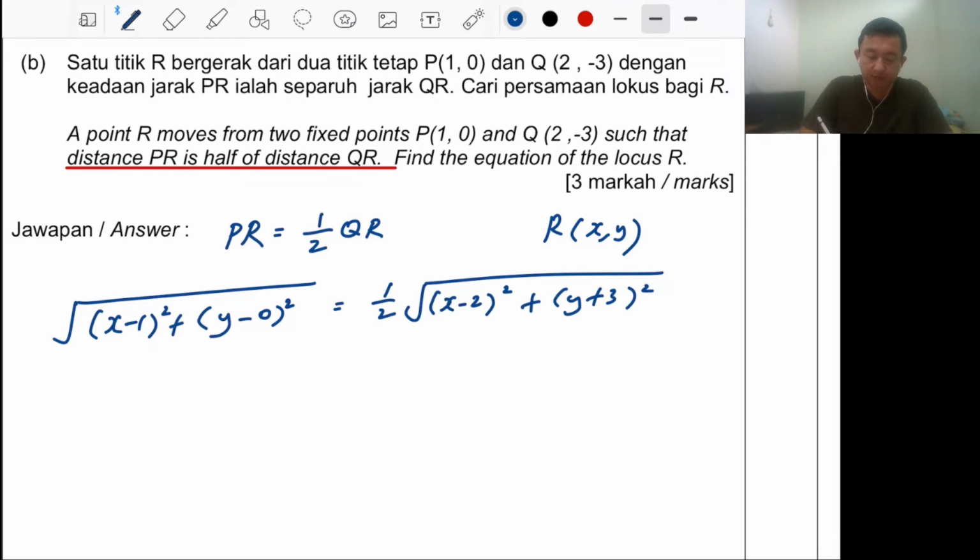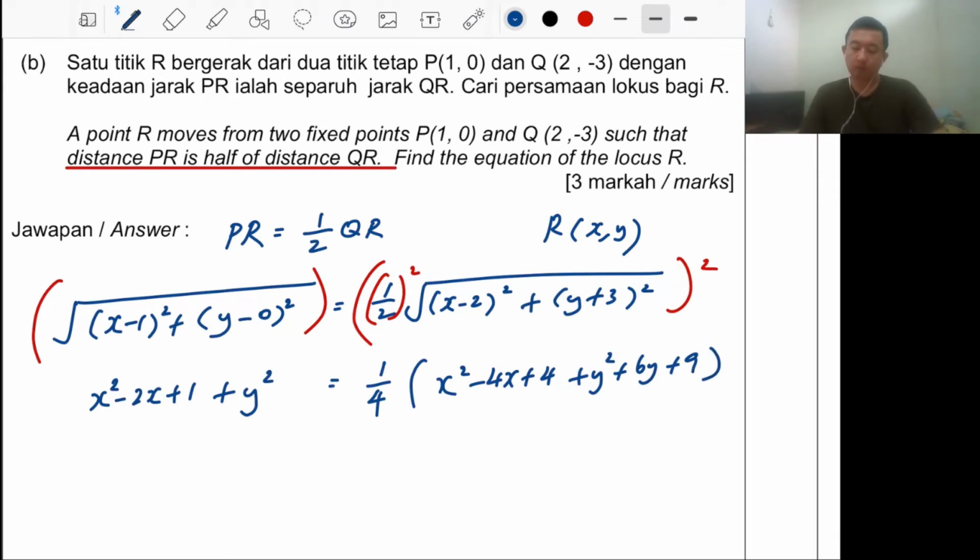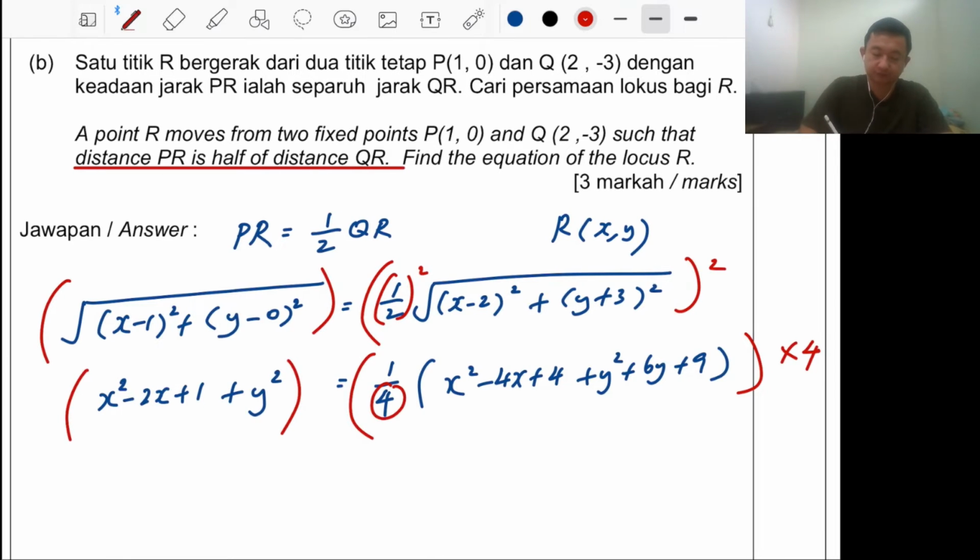Once you square both sides, you have x squared minus 2x plus 1 plus y squared equals, oh, you have to be careful on this part. This one will be 1 over 4. Okay, in order to make it more beautiful, because fractions are very hard to deal with, we multiply everything by 4 to get rid of the fraction.